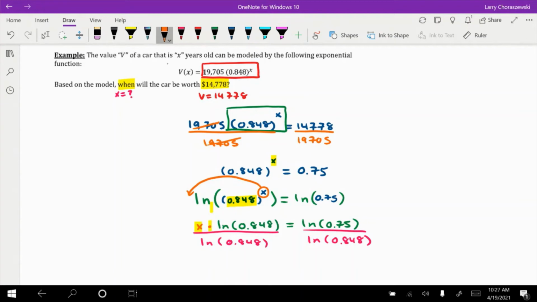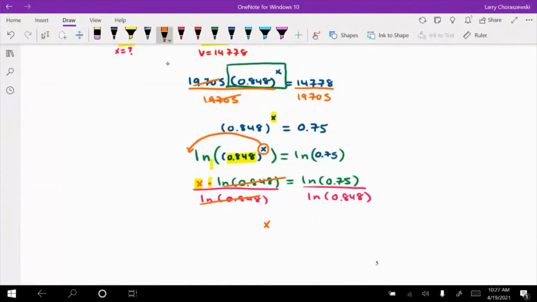And so these natural logs cancel each other out, and we get x is equal to the natural log of 0.75 divided by the natural log of 0.848.